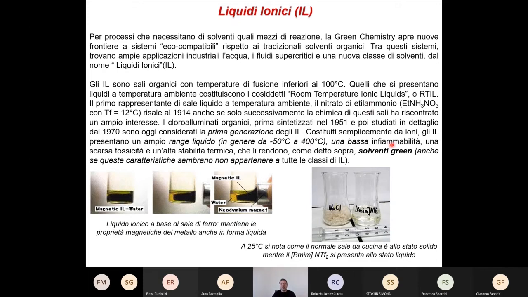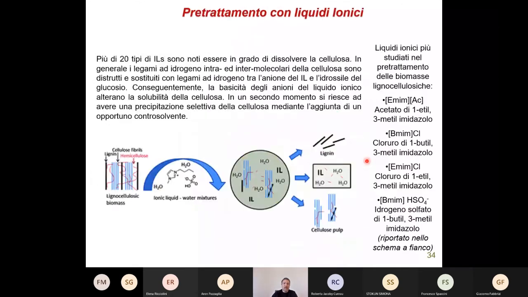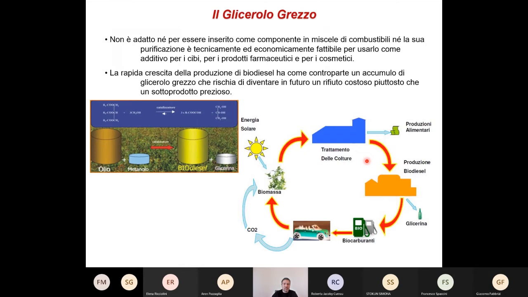So it's the same work as acids, but using more sustainable elements. Okay, I go very quickly here because it's too long to go into detail.